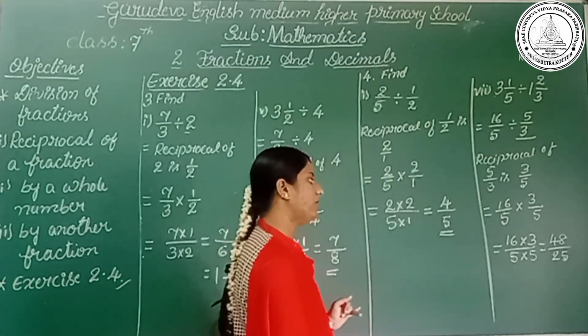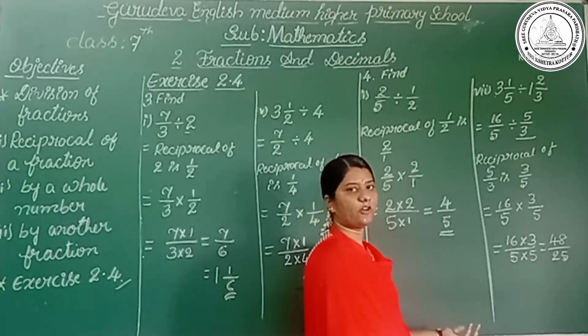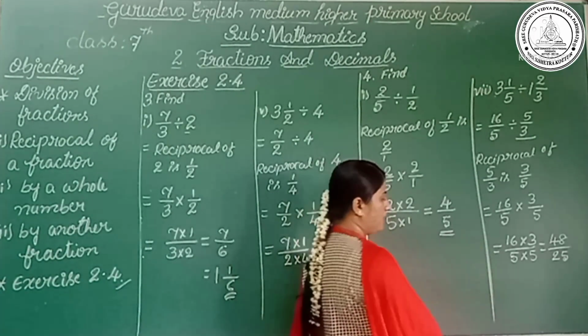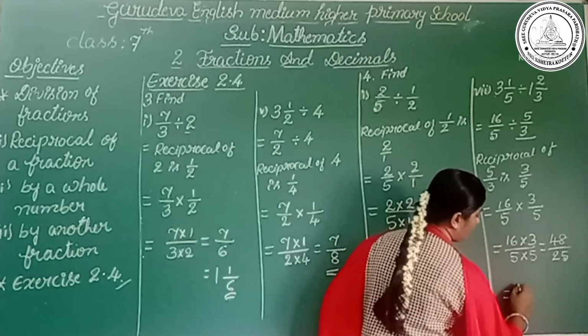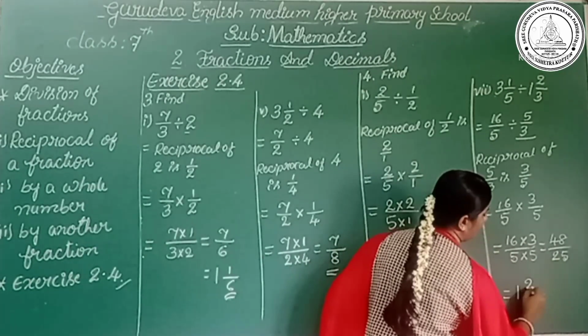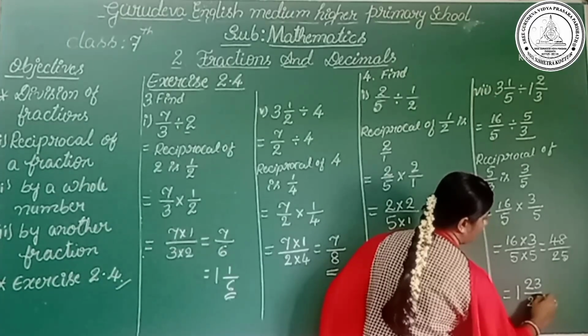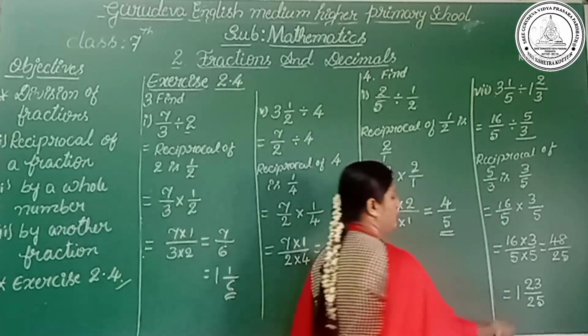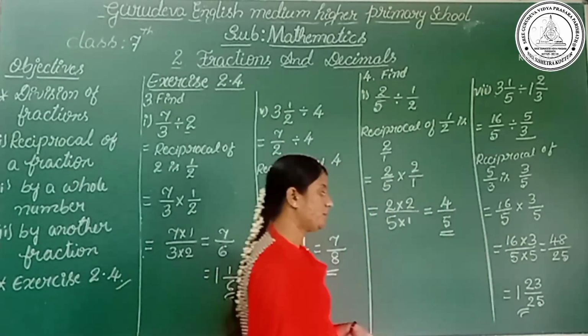Okay, so 48 divided by 25. So it is in the form of an improper fraction, then convert into a mixed fraction. Okay, which is equal to 1 whole 23 by 25. 1 whole 23 by 25 is the quotient.